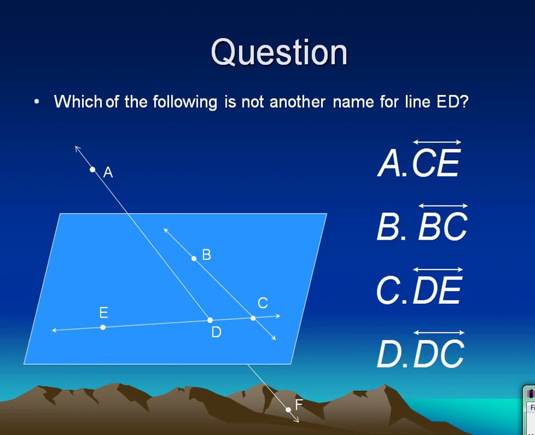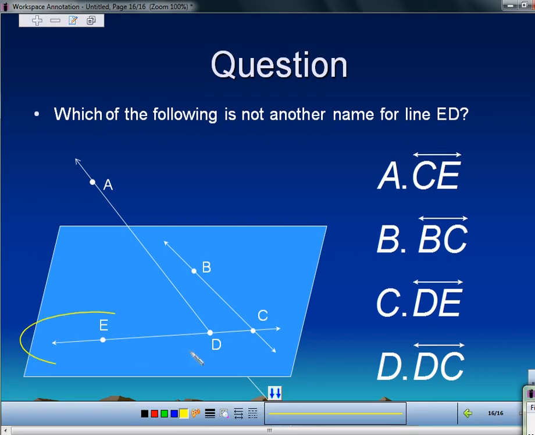Which of the following is not another name for line ED? If I look, line ED is this line right here. So, ED is a valid name. DE, valid name. EC, or CE, valid name.